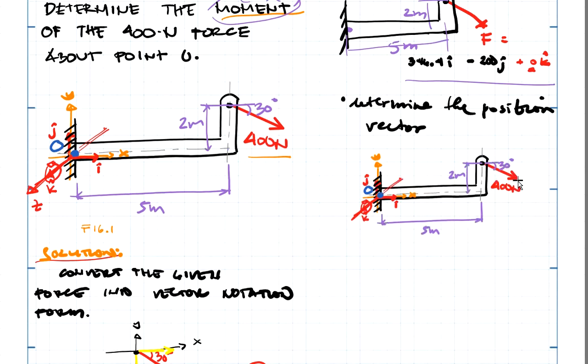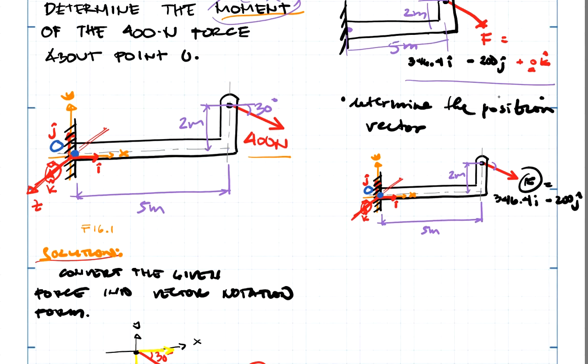Let me paste it here and erase this part. We have our force F, which is equal to 346.4 i minus 200 j. So this is our force F. Since we already have our force, we need our distance.